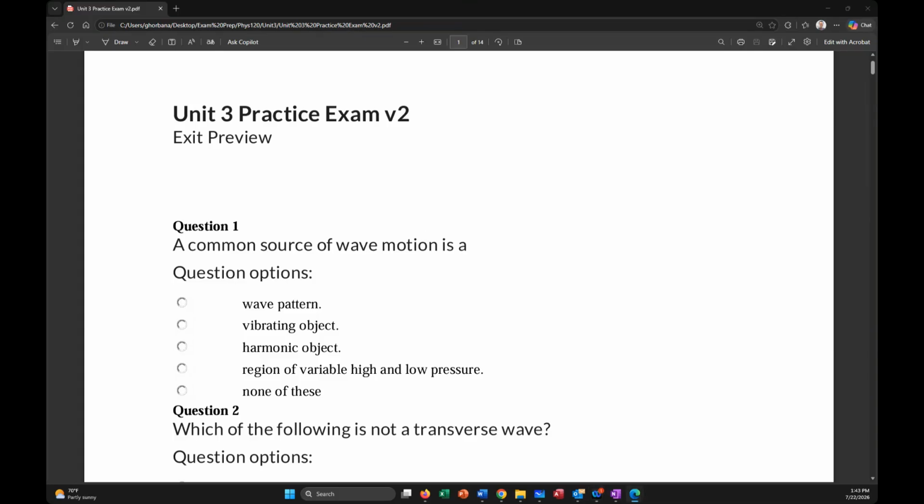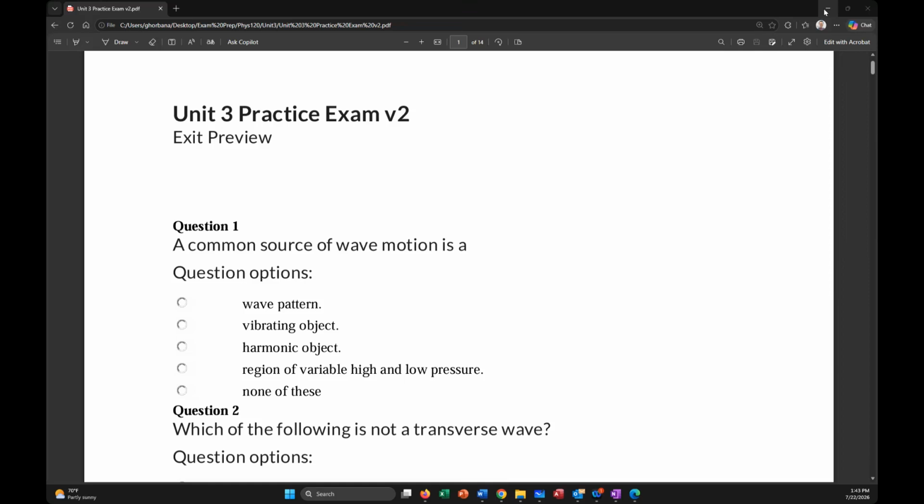So let me bring the equation sheet as well. I would like to have the equation sheet available here. Let me see.